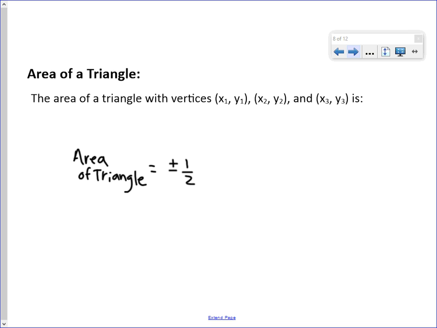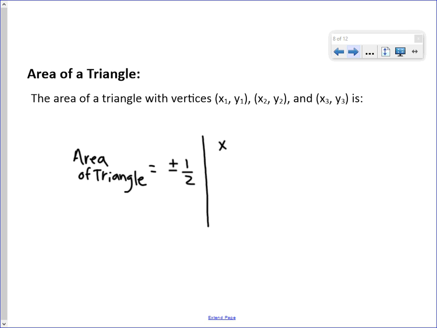Now the plus or minus will come in handy, like if your determinant is negative, it would make sense for area to be negative, so then you multiply by the -1/2 and the area becomes positive. If your determinant is positive, then you want to keep area positive, so you multiply by the positive 1/2. So you don't multiply by both plus or minus, you multiply by whichever one you need to get a positive answer. And then we're going to have the determinant.